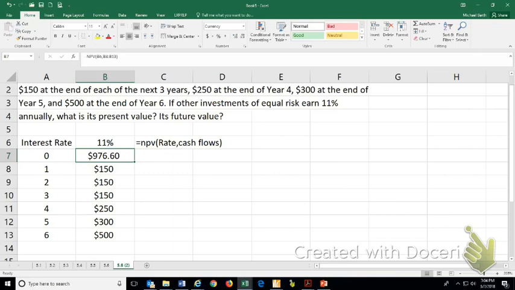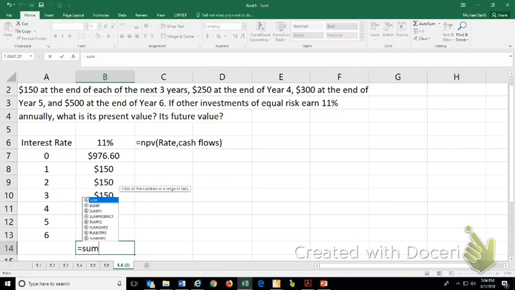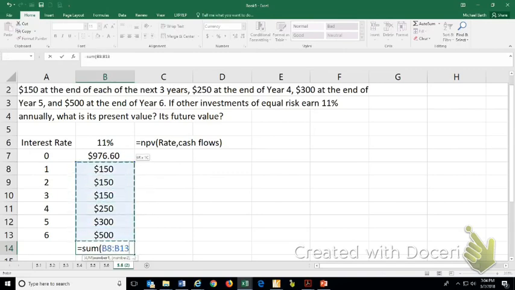And that means that at time 0, this grand total of cash flows, the 6 years of cash flows you're going to get, 150, 150, 150, 250, 300, and 500, that grand total is $1,500.